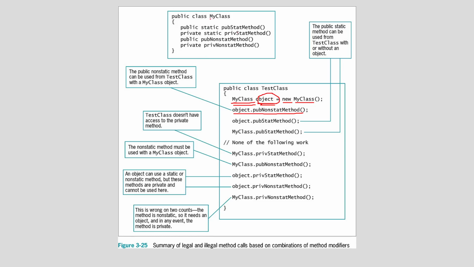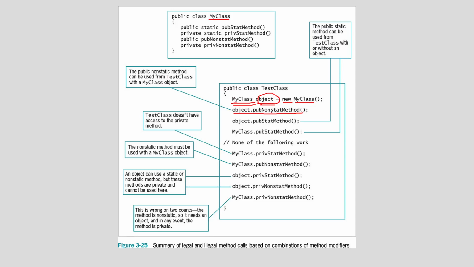By the way, this is our class definition. The class definition contains public class, pubStatMethod. They are just method declarations. And in this statement here, the public non-static method can be used from the test class within a MyClass object.